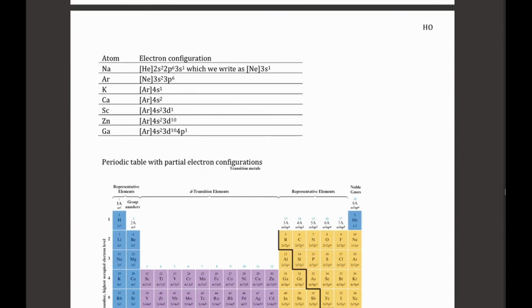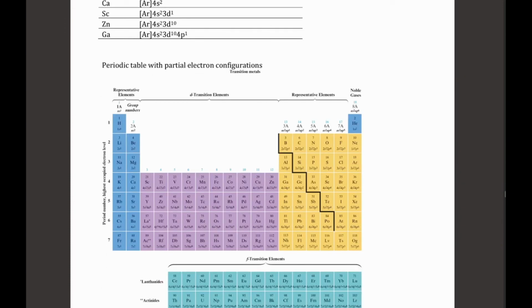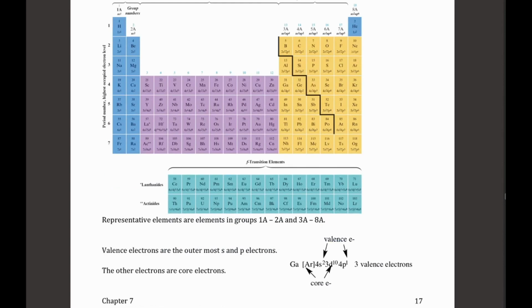Okay, so here's a periodic table with partial electron configuration shown. So make sure that you make sense of it. Let's look at element lead, atomic number 82, Pb.